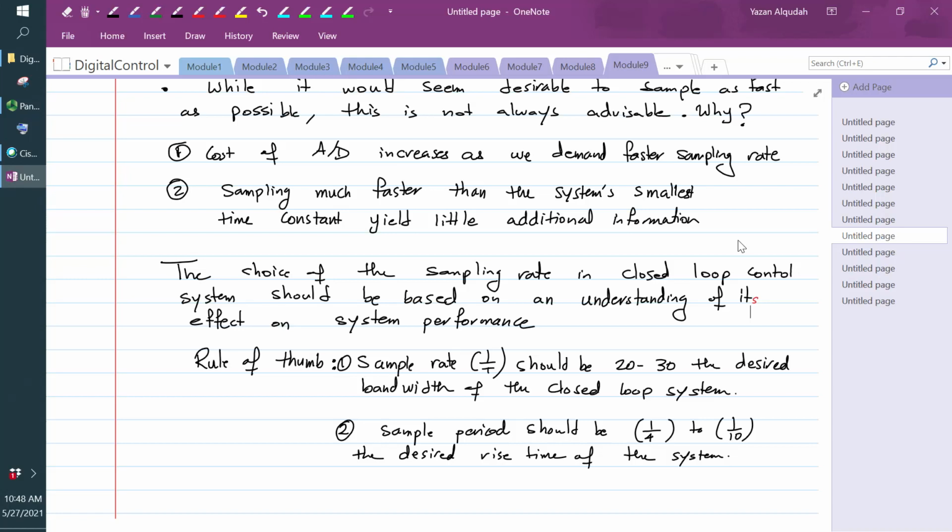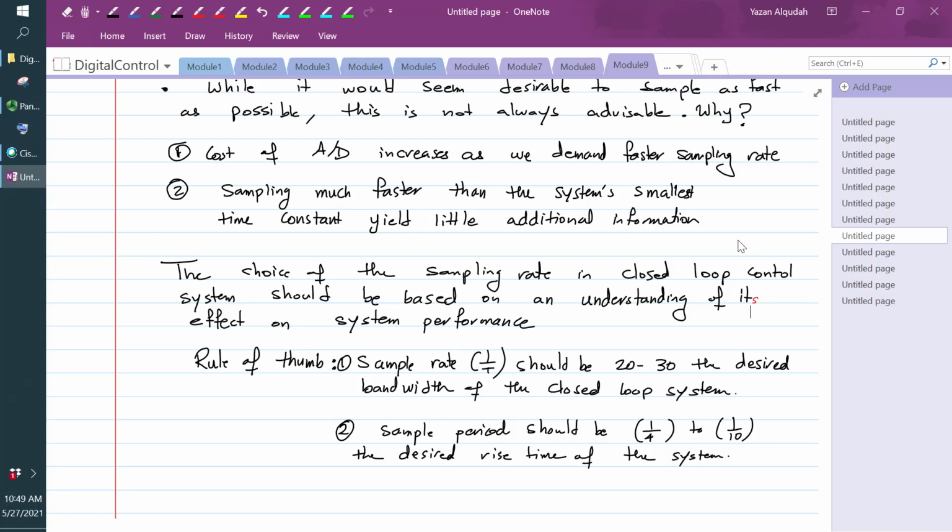Similar to what we've done with the analog to digital converter and digital to analog converter, we're going to look at difference equation, transfer function, all delay block diagram, and state space models to represent our controller.